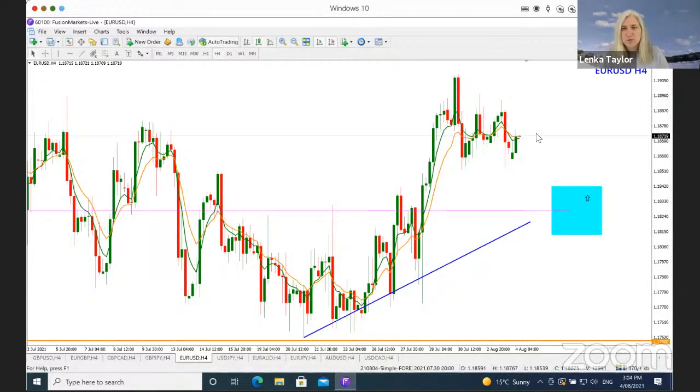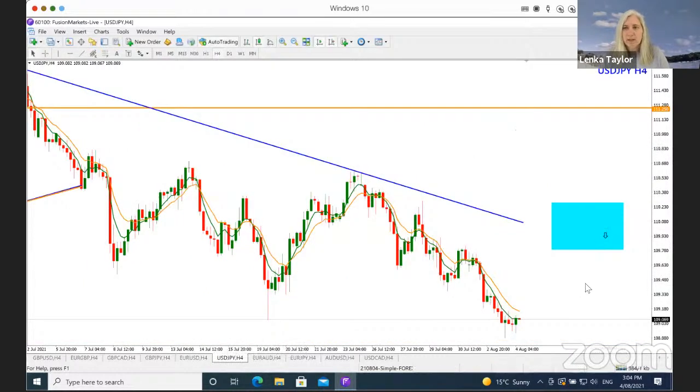So don't trade it when it's too high up like that. Just wait for the pullback and then see if there is a reversal. It would need to be at the trend line or at this horizontal level. So looking for further pullback down to this level and then looking for long after that.